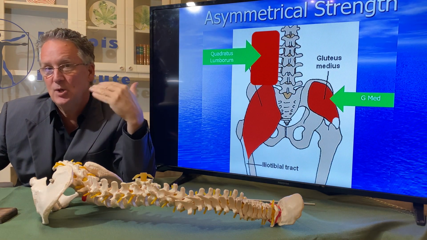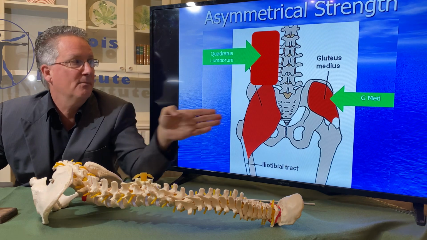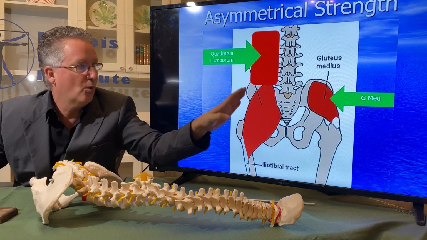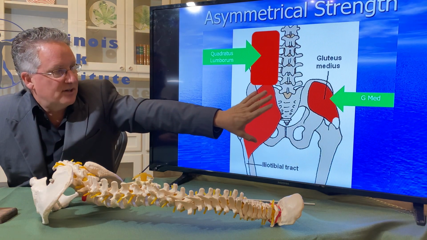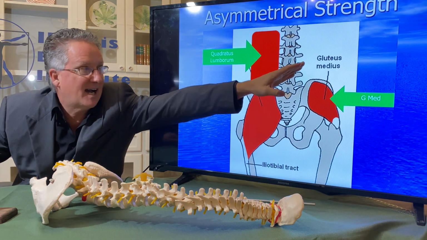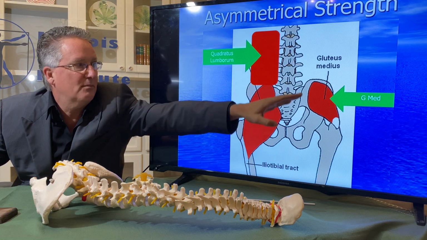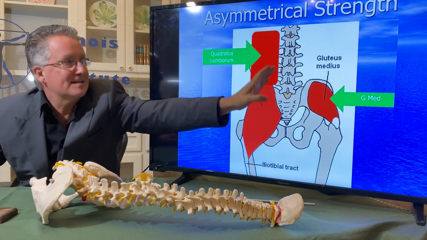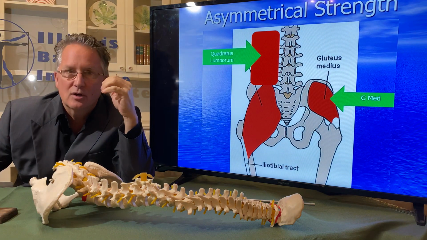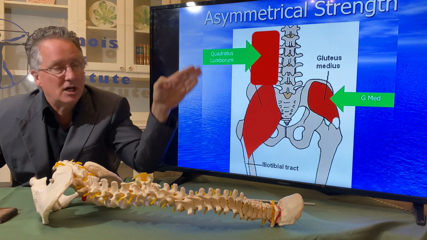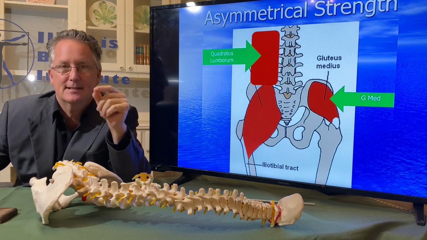So the same way you get lower cross syndrome, you get hip cross syndrome. You get one hip dominant, so the dominant hip is going to lead to the opposite side strength in the quadratus lumborum. Weak glute medius is going to lead to a weak quadratus lumborum on the opposite side. It'll develop a cross, okay, like an X.